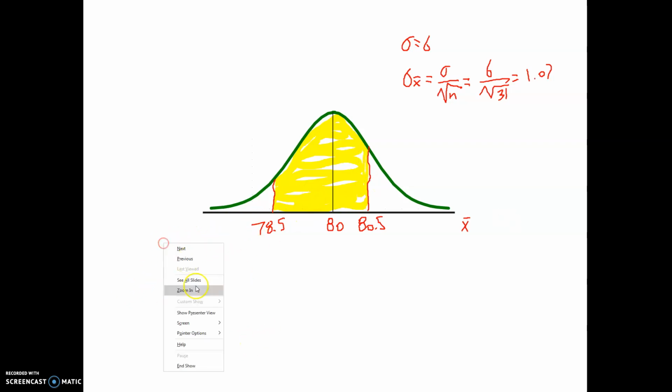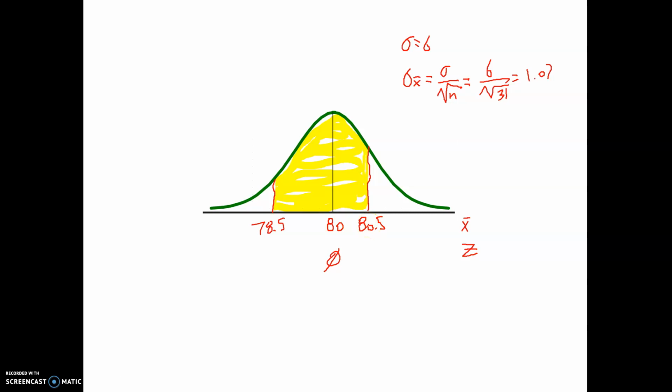All right. Next step is to calculate the z values that correspond to this. We've got our x bars, our sample means, but we actually need to standardize that to z to get the probabilities and use the table. So let's find the z-score that corresponds first to the mean. We know that's 0. But then for 80.5, to do that, we need to find out how many standard errors this value lies above this.